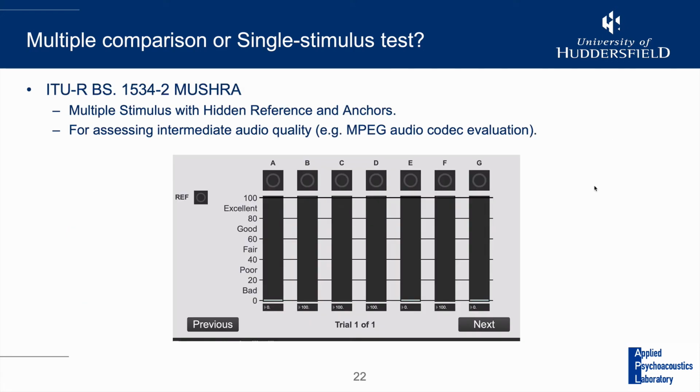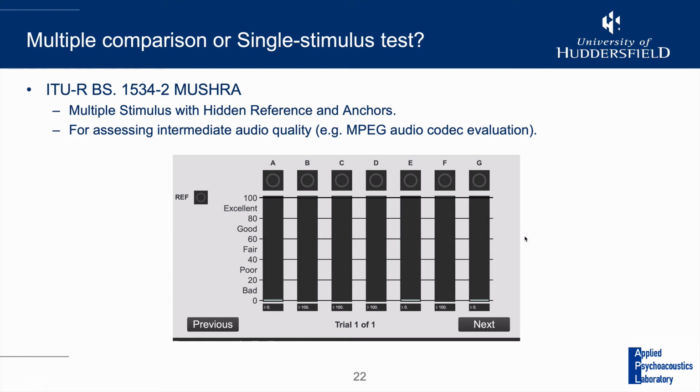MUSHRA is a well-known method specified in ITU BS 1534. This method includes a reference and hidden reference somewhere in the stimuli set, and one or two low anchors, typically 3.5 kHz and 7 kHz low-pass filtered version of the reference signal in audio codec comparison test.